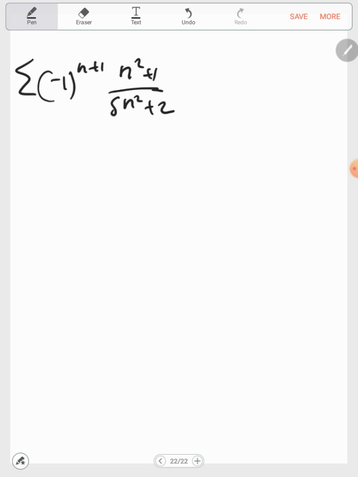Okay, so in this case, again, let's first find the limit. An doesn't include this first part, the minus 1 to the power n plus 1. An is just what follows, n plus 2 over 5n squared plus 2. Okay, so this is our an.